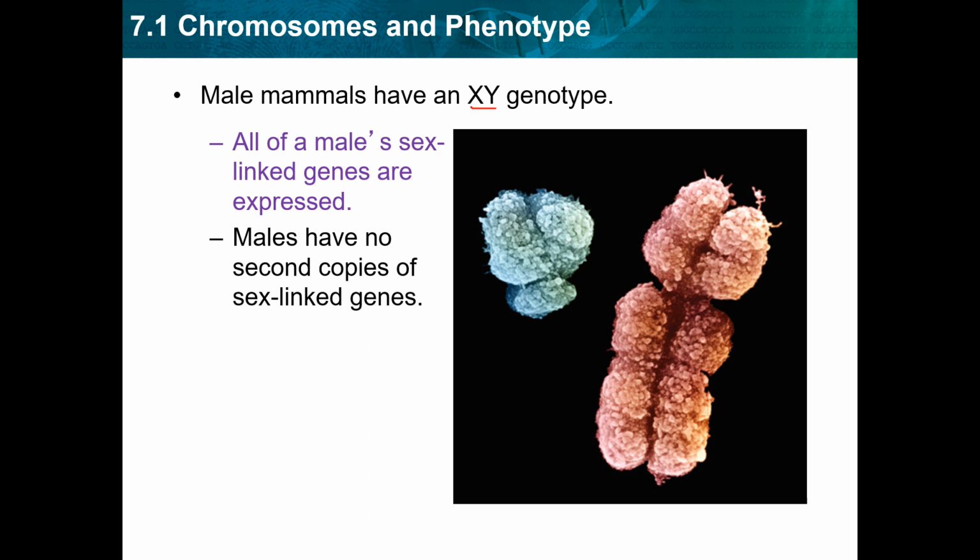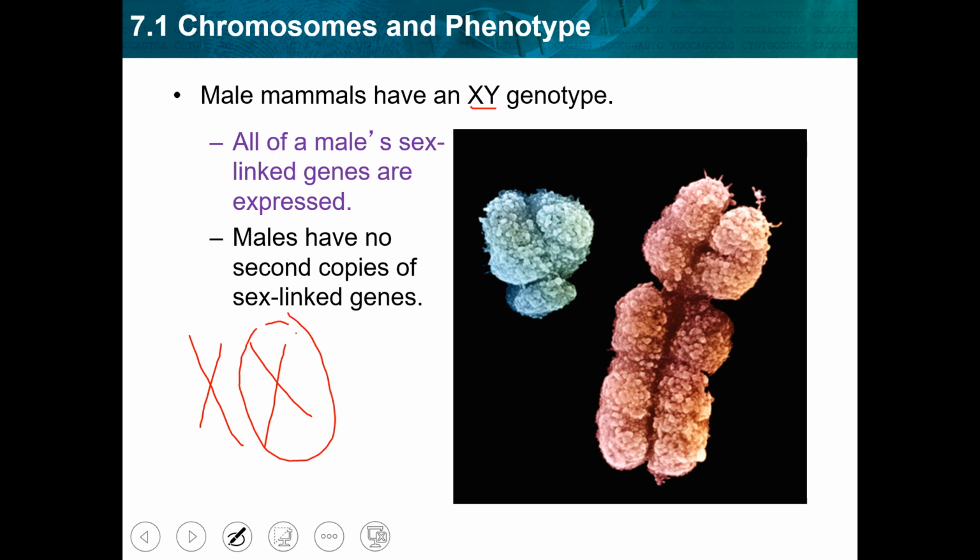Whereas females have two X chromosomes. What happens in females is they just choose one of these X chromosomes to use, and then they don't even use the other X chromosome. Males, since they only have one X chromosome, are always going to use that X chromosome and all of those genes.